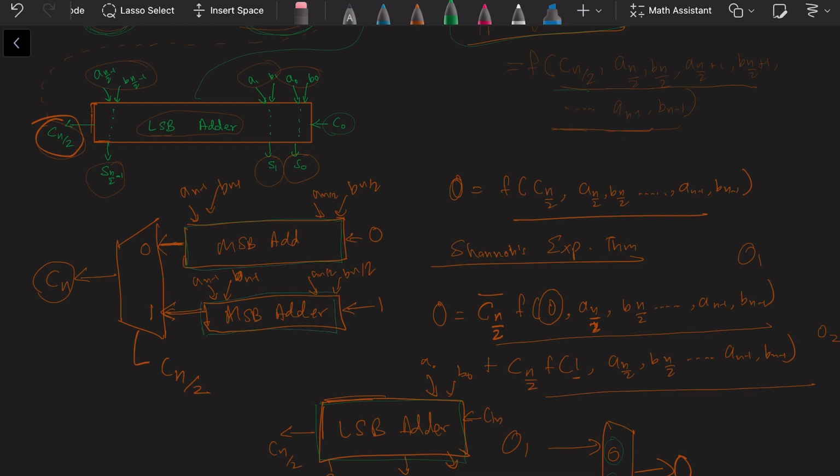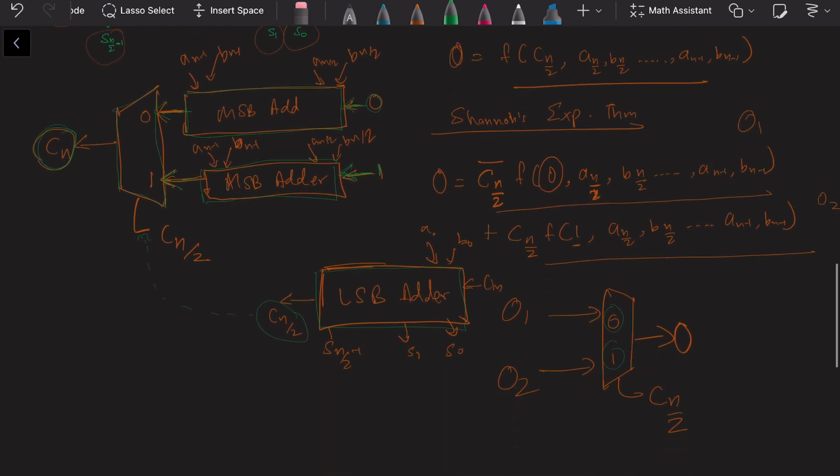The MSB adders are already getting an assumed carry input of 0 and 1, and then depending on the value of Cn/2, which the LSB adder will compute, that value will be used by this mux to tell which Cn actually goes out as my final Cn.